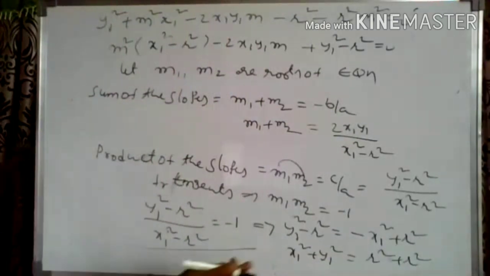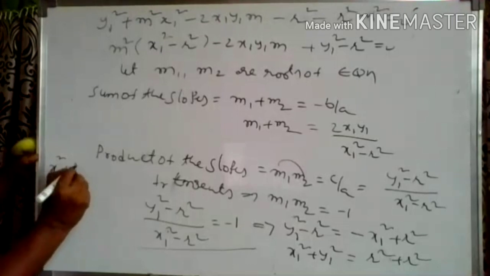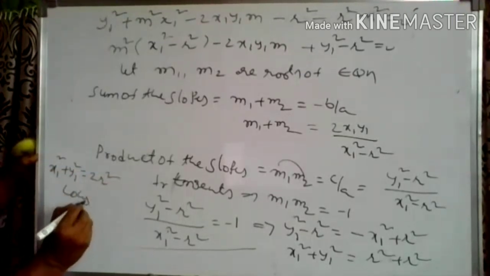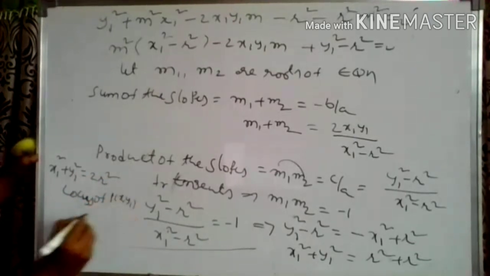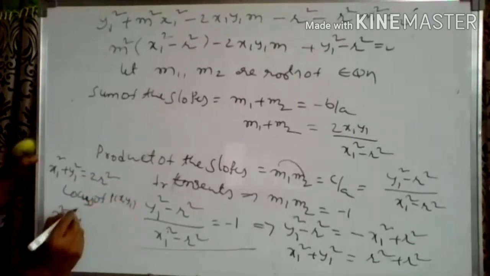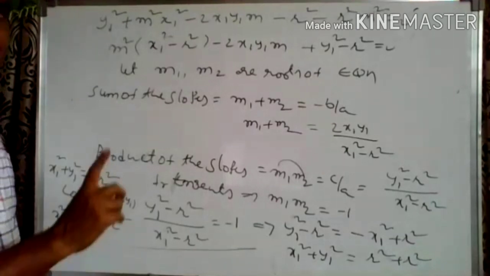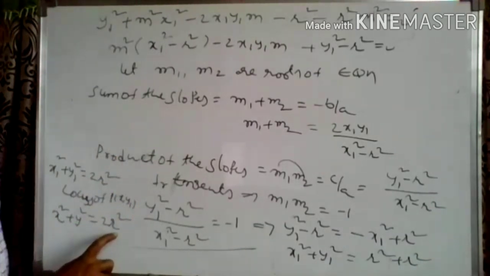The locus of P(x1, y1) is x square plus y square is equal to 2 r square. This is the director circle equation: x square plus y square equal to 2 r square.